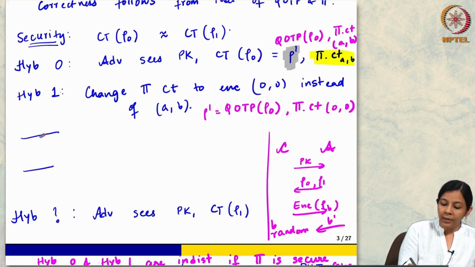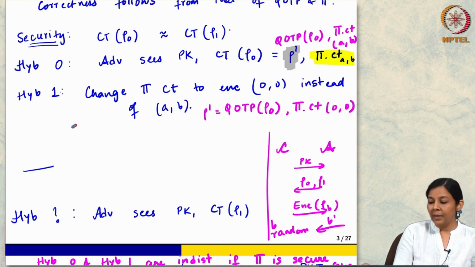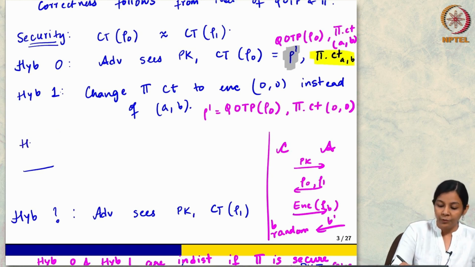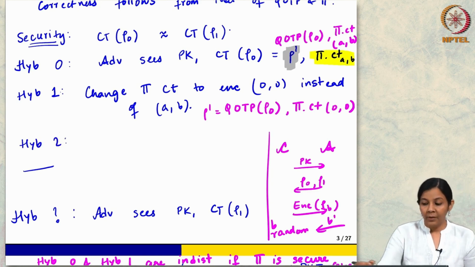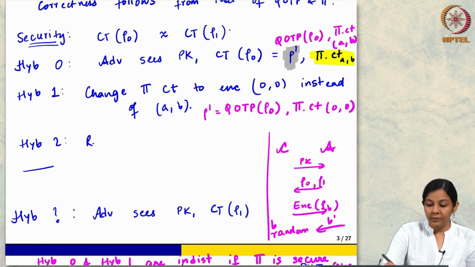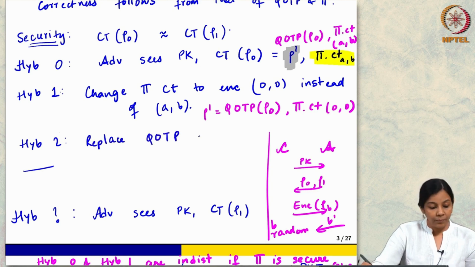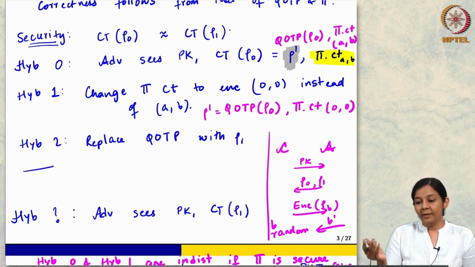So, now what should I do? Now, I have changed my PKE ciphertext to be 0 0. So, now what should I do? Now, I can replace the quantum state, which means that instead of rho 0, I swap it out and make it rho 1.